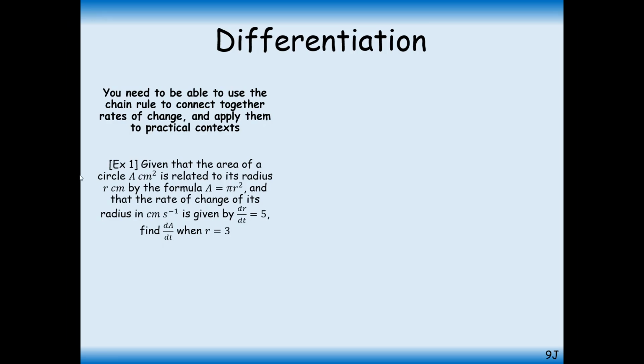Okay, so this was just a preliminary example, and I'll show you another few examples which might make it simpler. Okay, so in this example, we have been given the area of a circle, which is a standard formula we all know about.